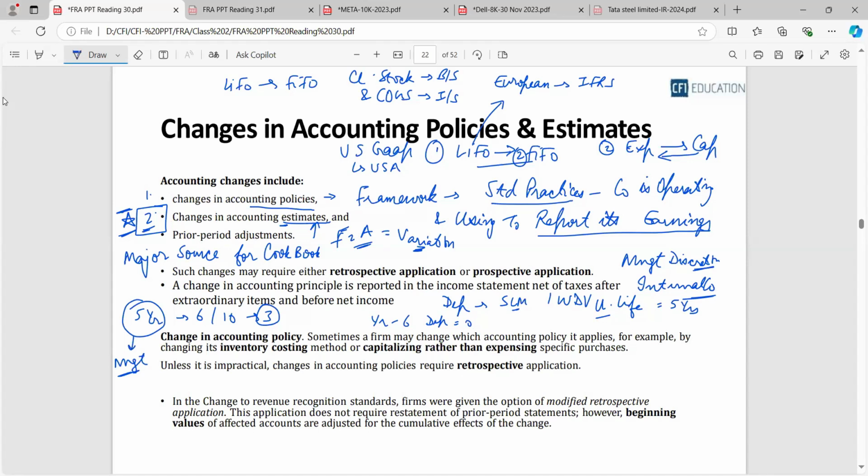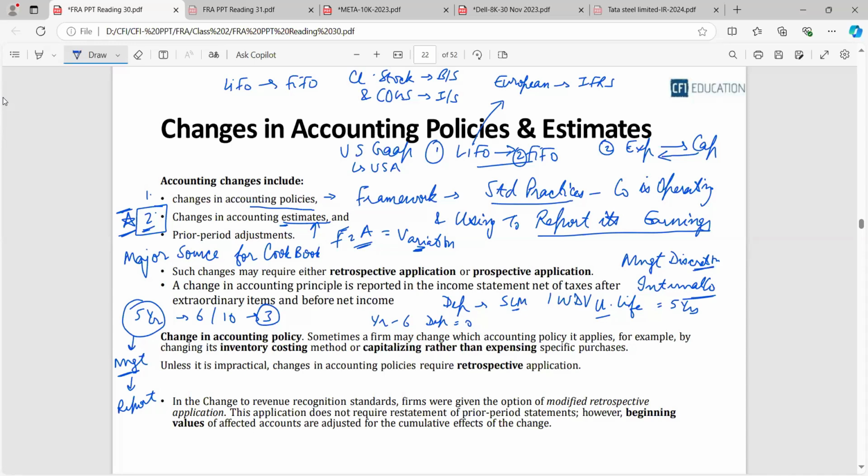But yes, management has to first take a valuation or valuer's report, or that machinery expert's report, in order to say that as per this report, I am concluding that this asset is lasting for 10 years, 6 years, 5 years, 4 years. But since, guys, this is somewhat an internal activity, management might be using its favorable valuers or might be paying some amount to them in order to tweak that report in its favor.